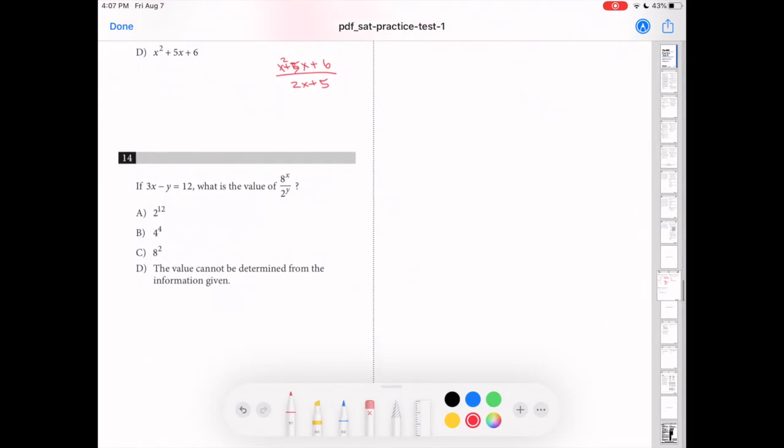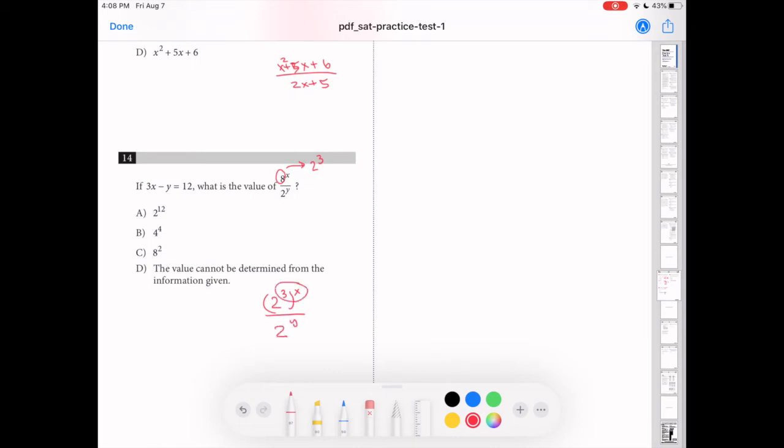14. Alright, more tricky stuff. This at first glance just looks weird and impossible, but if you can't find something to do at first, just search for similarities and go from there. In this equation, we can see that 8 over here can actually be written as 2 to the third, 2 cubed. Now using law of exponents, remember you can subtract the exponents of fractions. So 2 to the 3 to the x over 2 to the y.